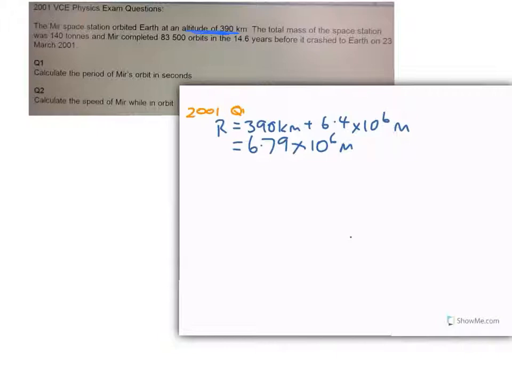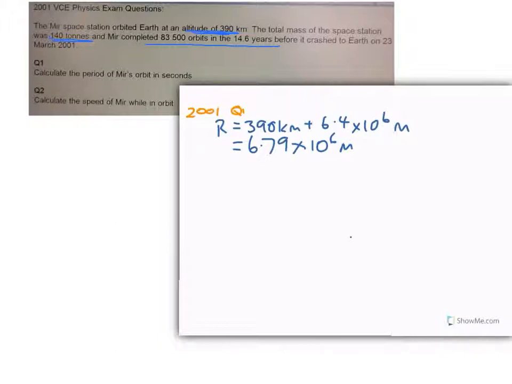The total mass of the space station was 140 tonnes, so we know that we've got an M equals 140,000 kilograms. And Mir completed 83,500 orbits in 14.6 years before it crashed. So the first one that we have to do here is to calculate the period of Mir's orbit in seconds.